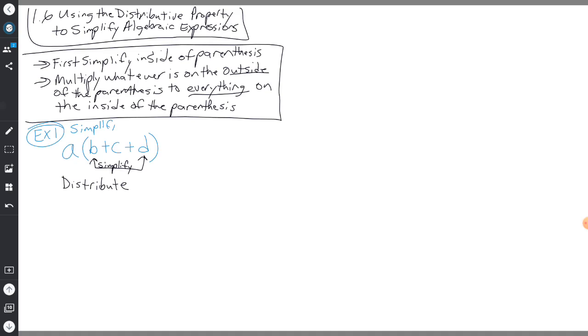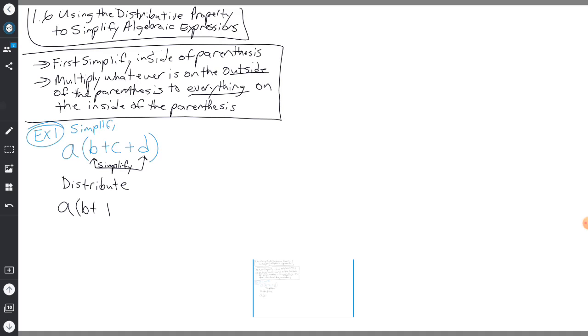And what the distributive property is, as we were saying, take whatever is on the outside of the parentheses and multiply it to everything on the inside.